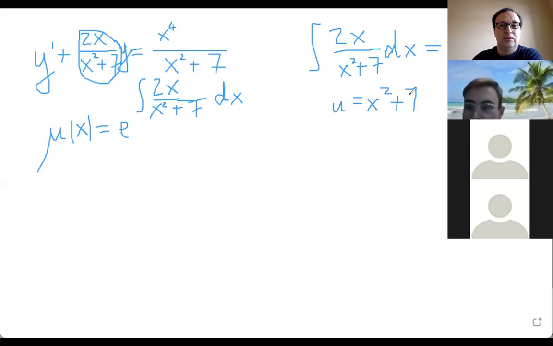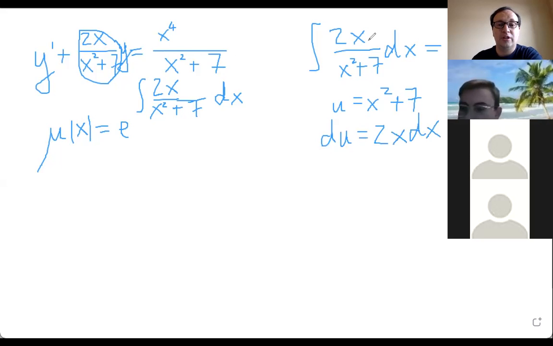Then du is just 2x dx, which is what we have on the numerator. So then this is the integral of du over u, 1 over u, which is natural log of absolute value of u plus a constant.